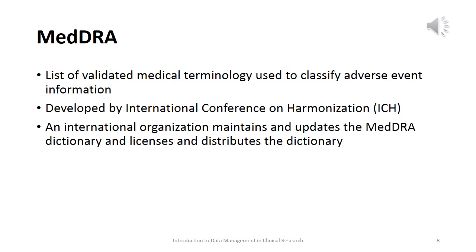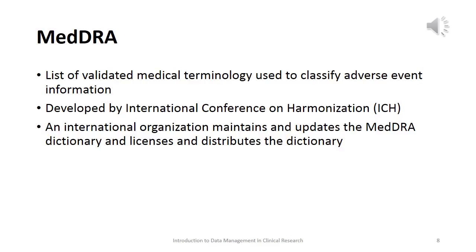So let's take a look at the MedDRA dictionary. It is a list of validated medical terminology used to classify adverse event information. It's also used to classify medical history terminology as well. It's developed by the International Conference on Harmonization, which is an international organization made up of professionals around the world that develops guidelines and tools for how to conduct clinical trials.